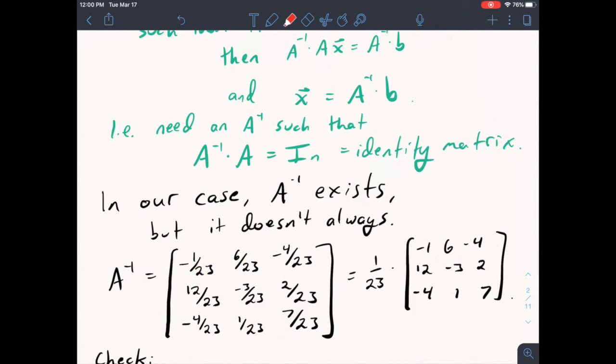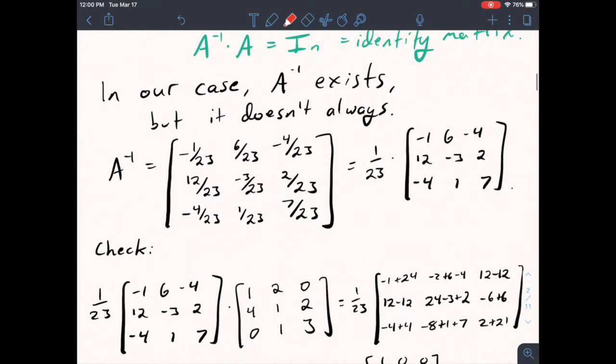So just to make our lives easier with calculations, I can factor out this 1 over 23 from the entire matrix, and I could do my multiplication a little bit easier this way, so that my matrix now just has nice round whole numbers, and so when I multiply things, it won't be as ugly.